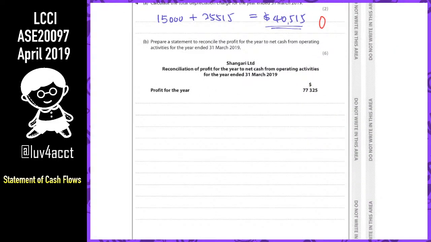Okay, here, profit for the year given to you, and then next item we have the adjustment. Okay, add depreciation, minus gain on disposal.